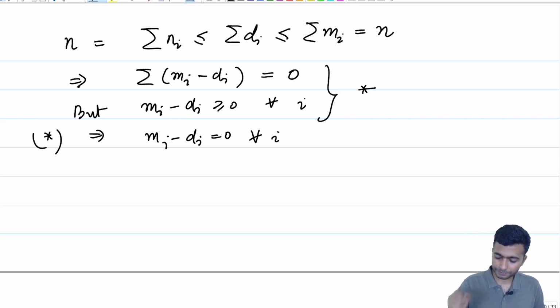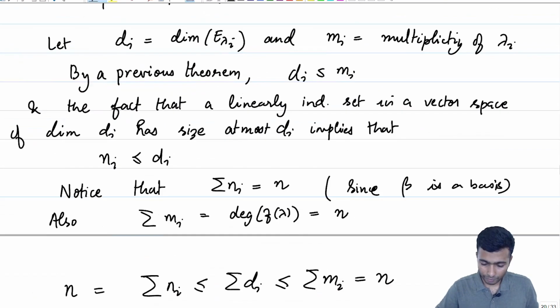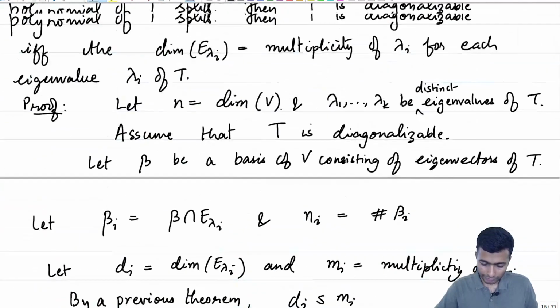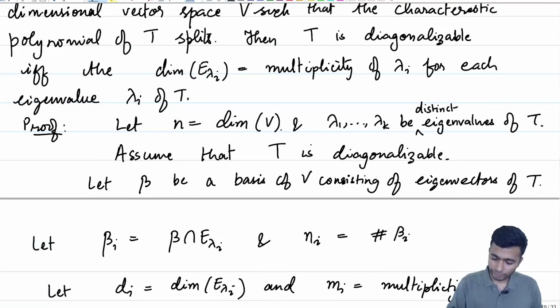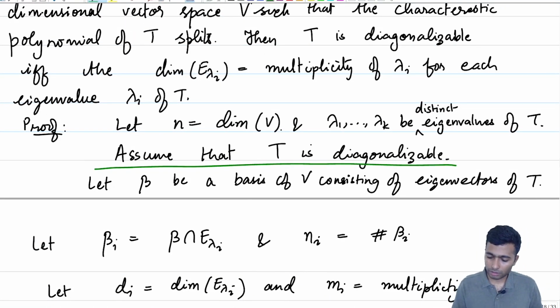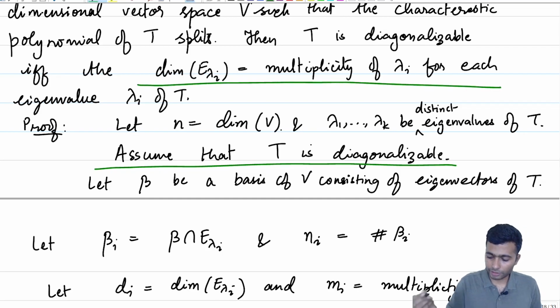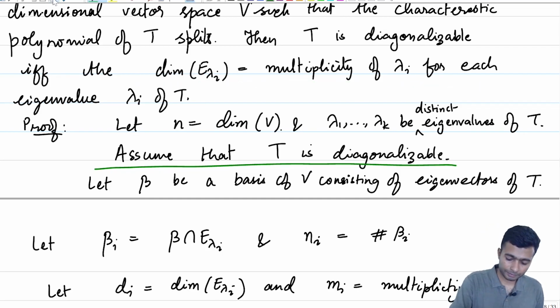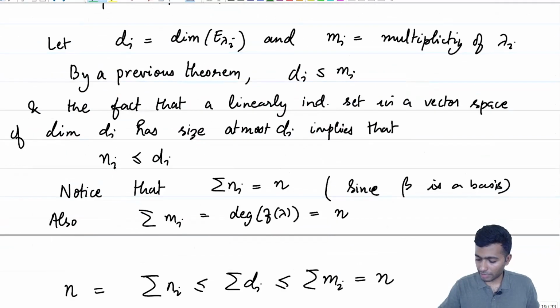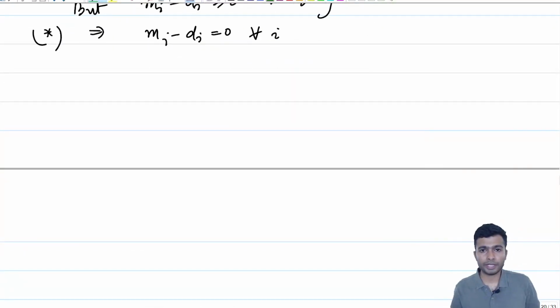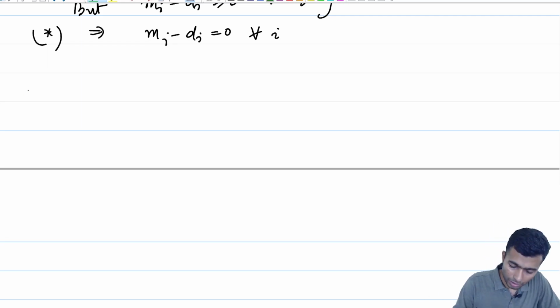and hence we have proved one side of the result. So, what have we proved? We have proved that if we assume that T is diagonalizable, then the dimension is equal to the multiplicity. Let us now prove that the dimension of E lambda being equal to the multiplicity forces our linear operator to be diagonalizable.